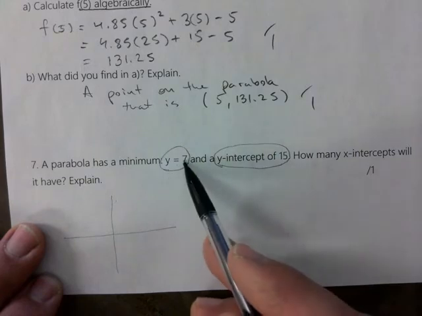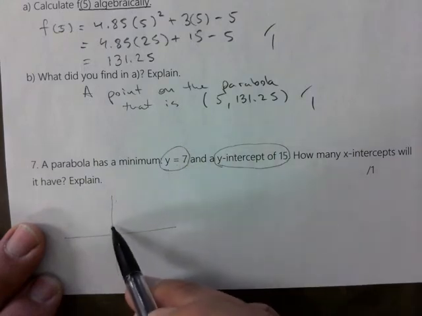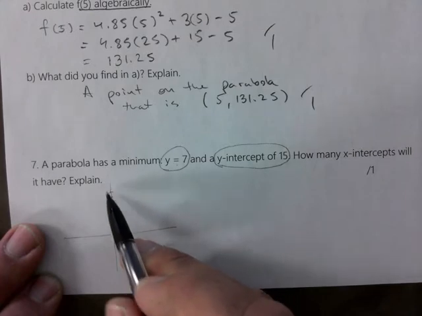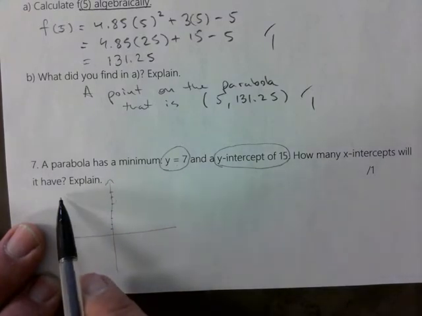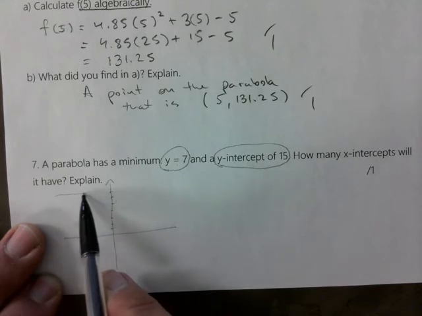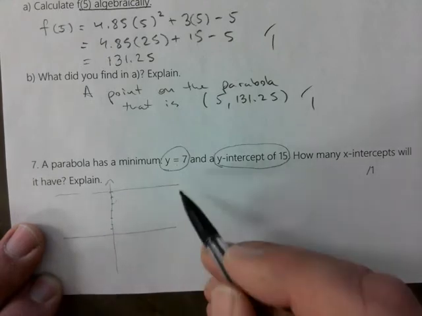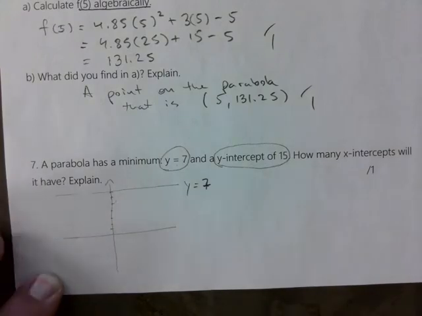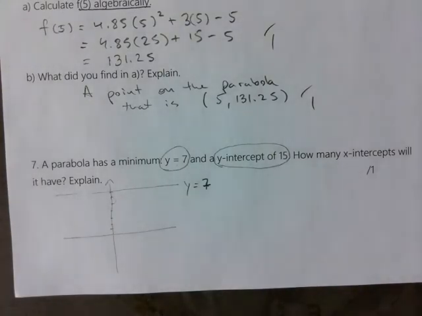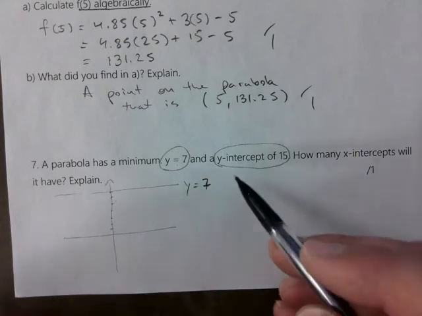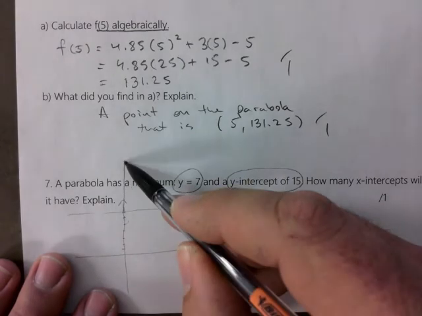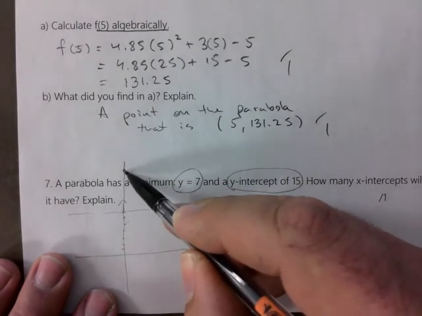If the minimum is at 7, so let's go 1, 2, 3, 4, 5, 6, 7, somewhere in here. That's the minimum. Remember that the equation is just an imaginary equation, y is equal to 7, and that's the lowest point. And the y-intercept is 15, so actually now I'm in trouble, but that'll be up here somewhere.